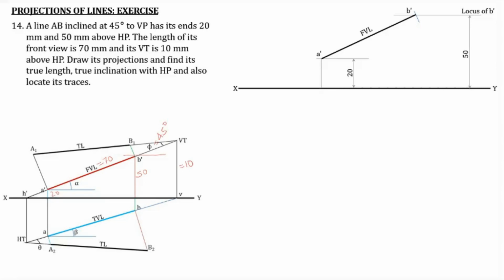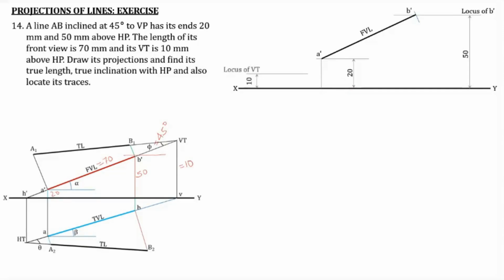Now what we do is, we know that the VT is 10 millimeter above HP. We know that VT lies in the extension of A dash B dash. So we extend A dash B dash towards the left, and we also draw the locus of VT.